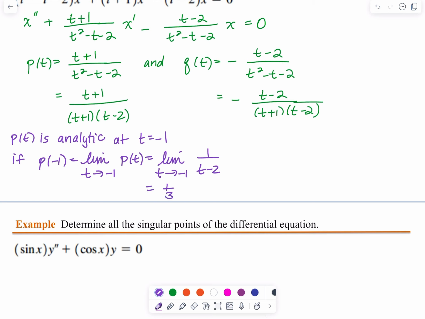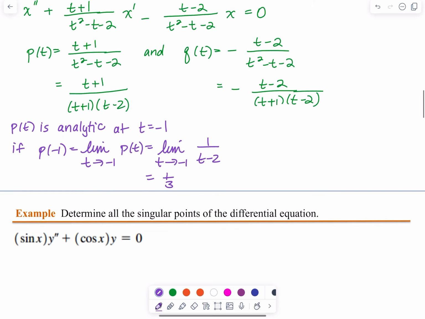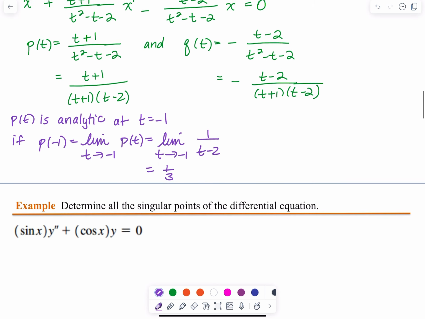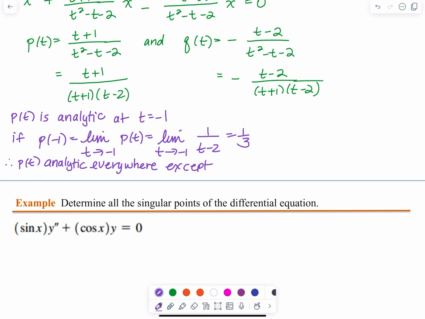At the point t equal to 2, we do have an infinite discontinuity. So p of t is analytic everywhere except at t equal to 2. Okay, but now we need to look at q of t.